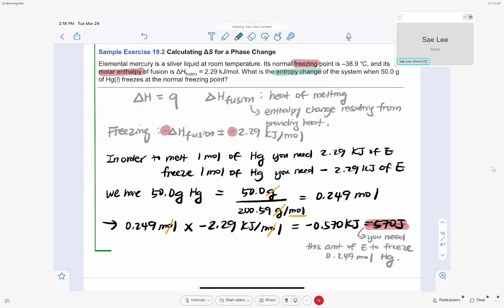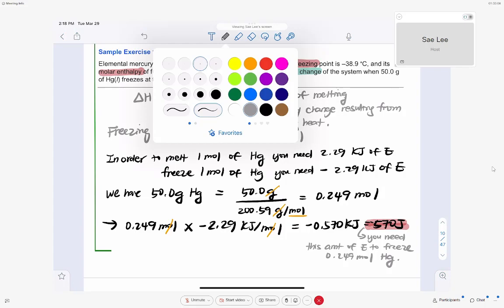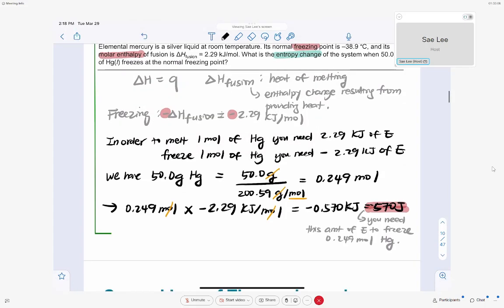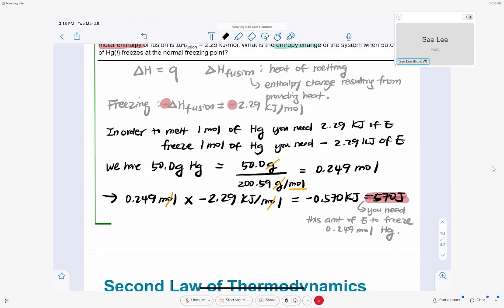In order to find the entropy change, we're going to use the equation that we learned in the previous slide. So the entropy change of the system equals heat divided by temperature. The heat required is -570 joule.